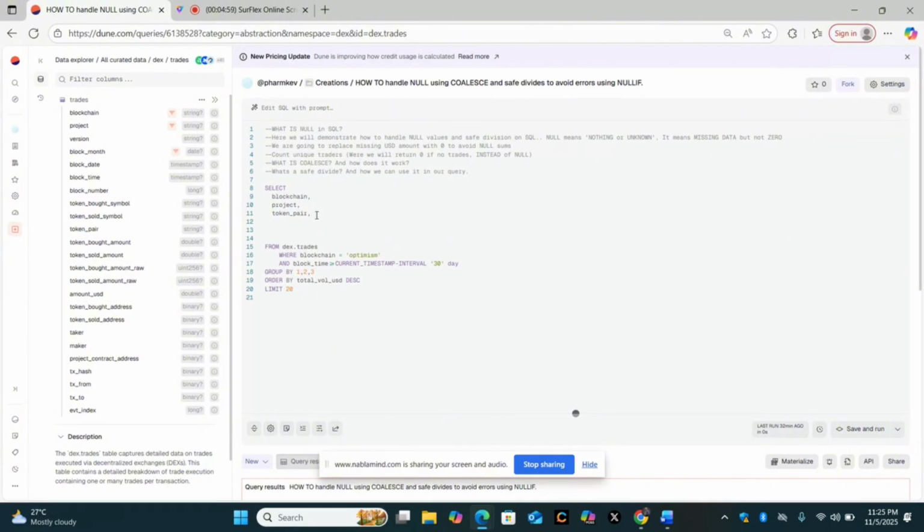So here, write COALESCE. Remember I said we want to get the total USD volume, so definitely we are going to say sum, then click here, amount USD.